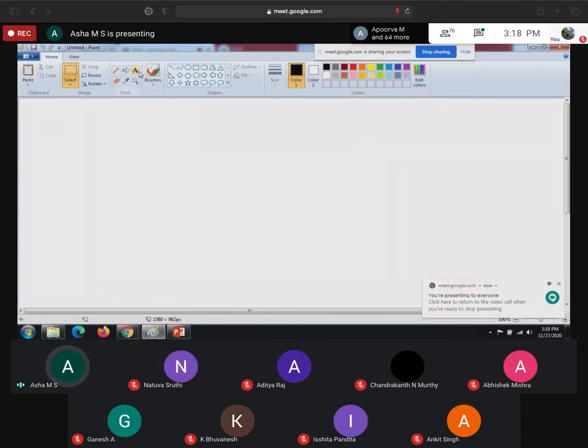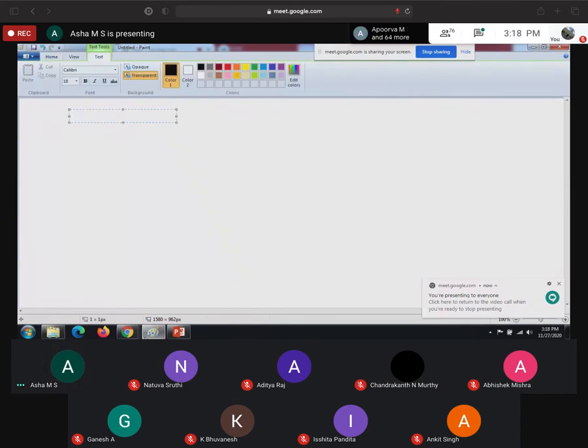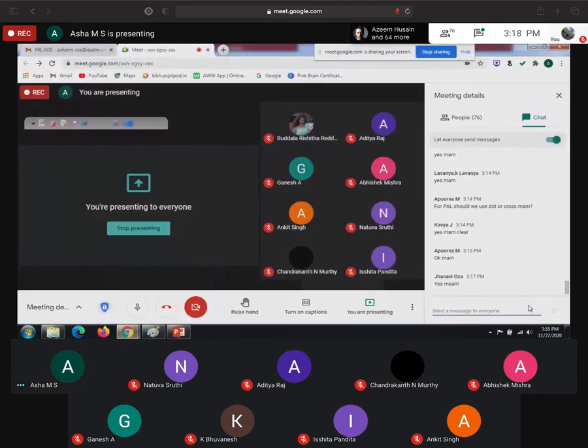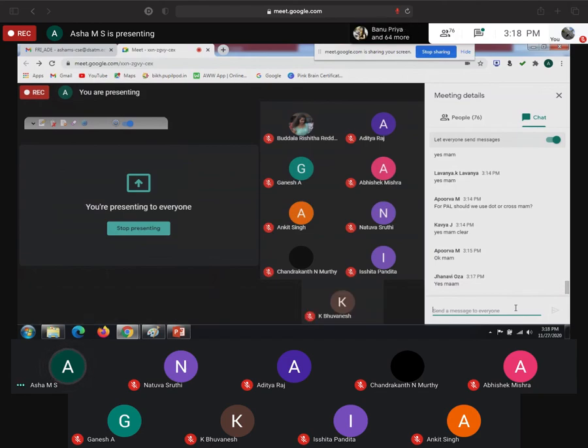Can anyone give the equation? Actually you need to write the table, then find the equation for sum and carry. Anyone, write the equation in the chat box?